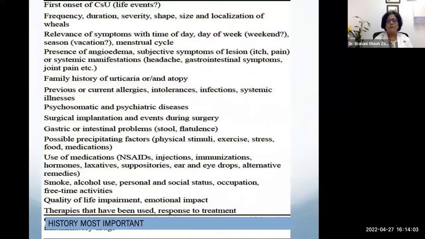And drug history is very, very important, because most of the time patients forget. Also whether any food is associated, and the quality of life impairment and the emotional impact it has on the patient. That is also very important, because we are going to decide how energetically you're going to treat your patients.